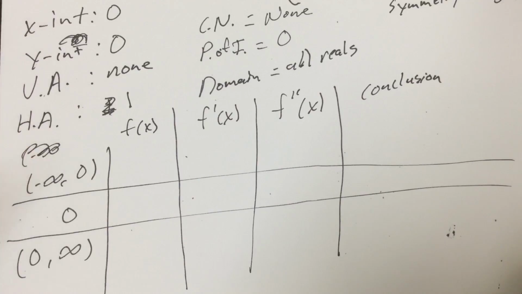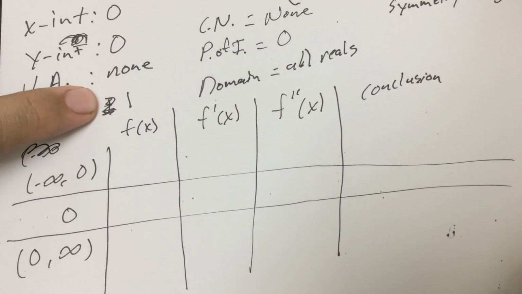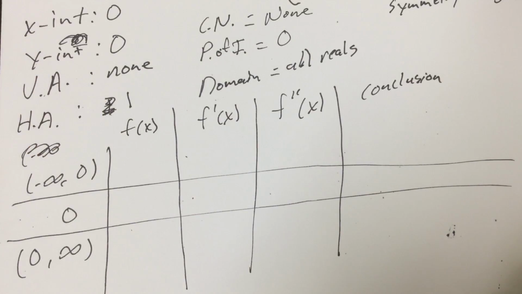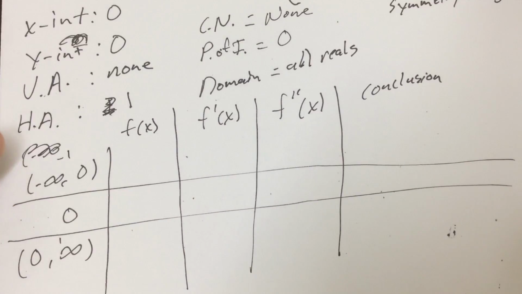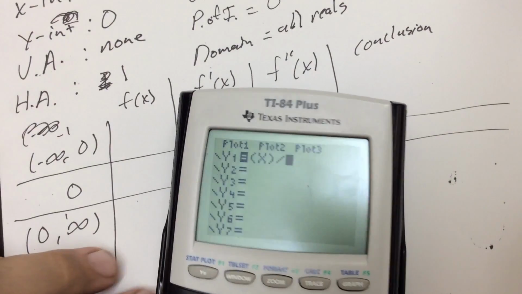So, and I'll check this one on the graph and make sure. I think it's just 1 and not plus or minus 1, but I could be wrong there too. So, I'm going to pick, say, negative 1 and 1 for my two values here. So when I put this in, so my original is x divided by, I can put this up here.